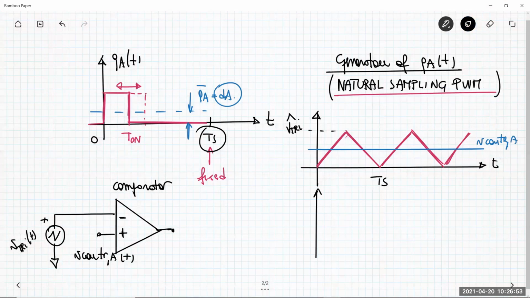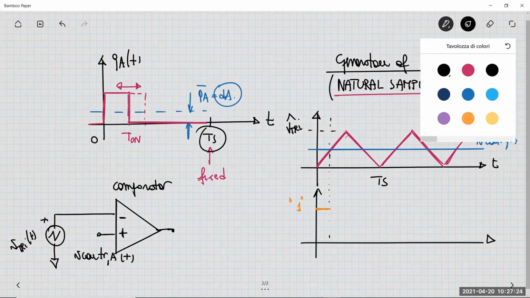The comparator compares the voltage at its input, and for example, for this specific interval, the blue curve is higher than the red curve. It means that the control voltage is higher than the triangular voltage, and in that situation the output is high logic level, 1.